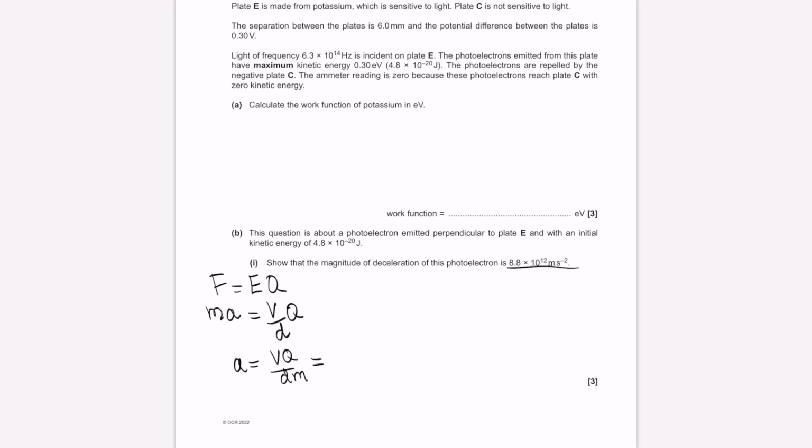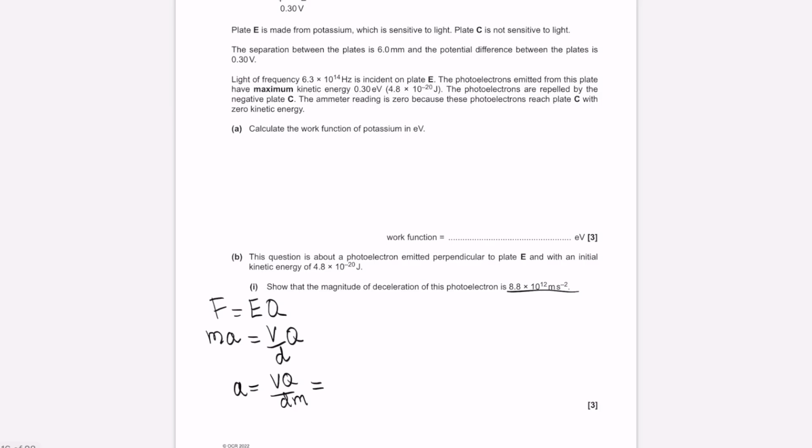So the voltage in this question was 0.3 volts. The charge of an electron is 1.6 times 10 to the power of minus 19, divided by the distance, which is given by 6 millimeters.